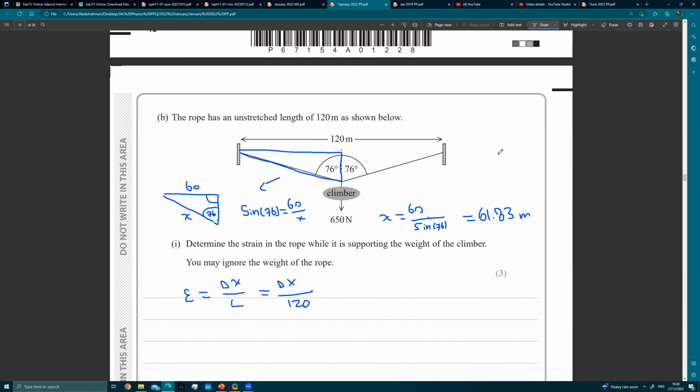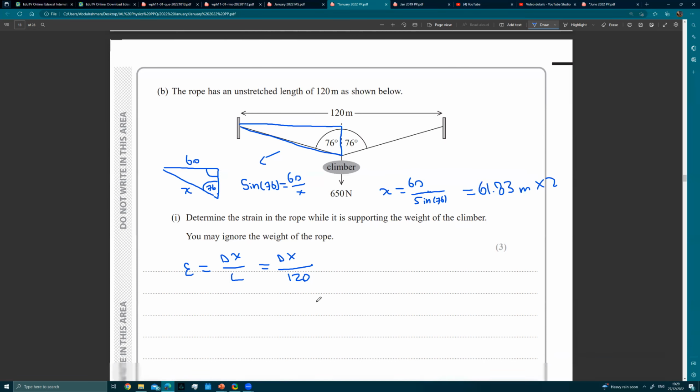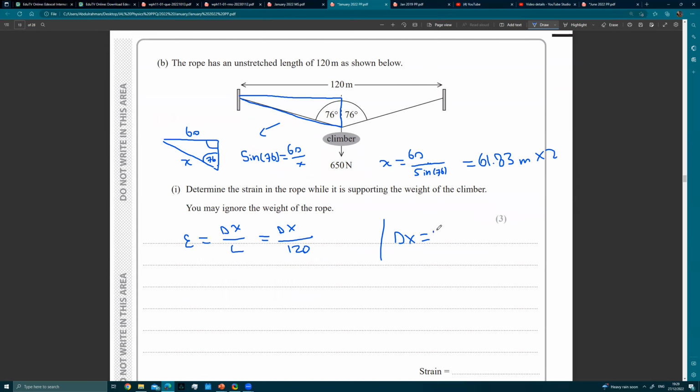Or you could, I was just thinking, the new length is this times by 2. I was going to do that, then times it by 2. Yeah. Because the total extension is 3.736. Okay, so the extension is 3.736.